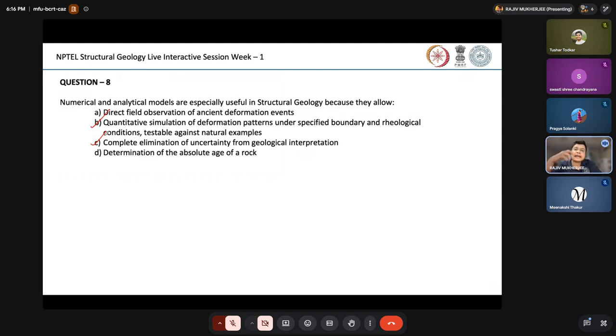But we can apply a simplified mathematical model to replicate the simplest form that we observe in nature. The fold that we produce through computer simulations might not be as intricate or complex as what we observe in the field, but the overall structure is replicated using numerical analysis, finite element simulations.